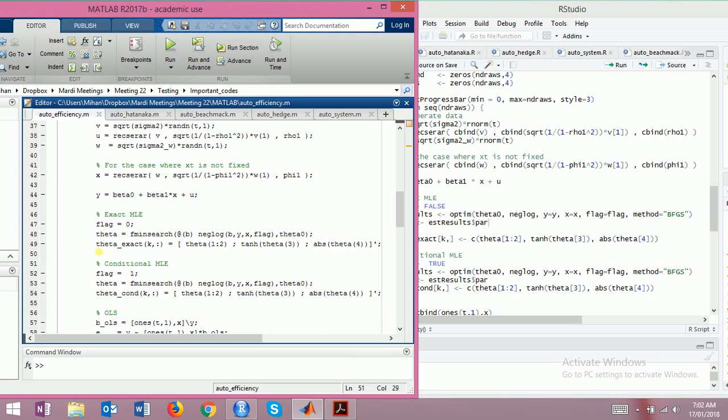Theta exact, k rows for all the columns, which is all the columns, meaning well, k rows for all the columns. Storing the theta here in theta exact for up to k rows for all the columns, we are storing, you know.